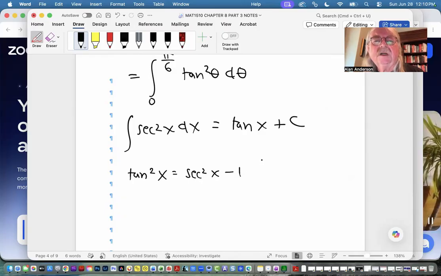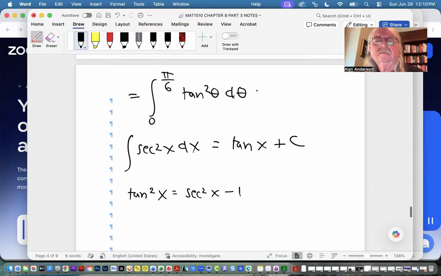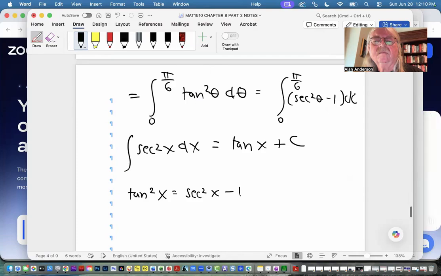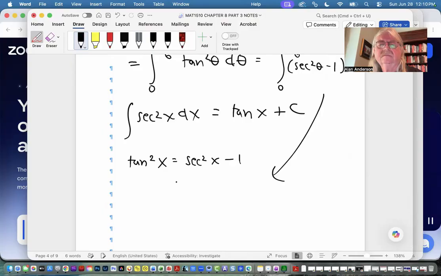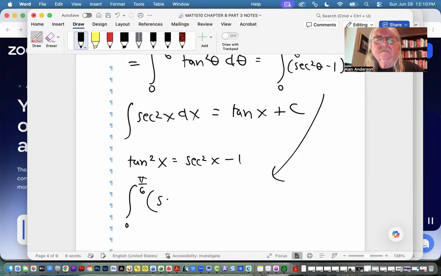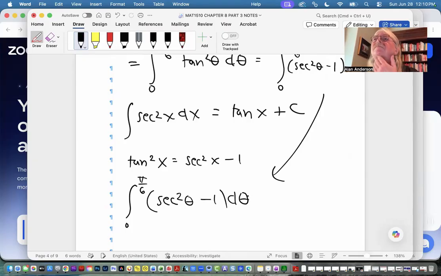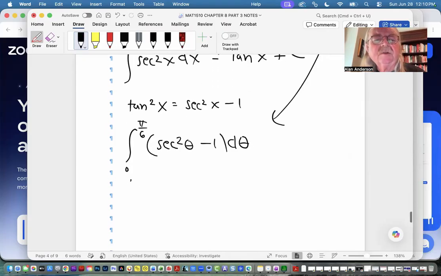All right. So here's what we're going to do. Nice. Okay. Now, this one is, of course, much simpler because we can break it up into two simple pieces.